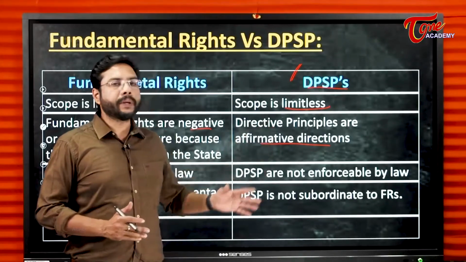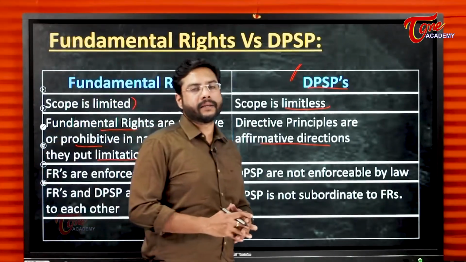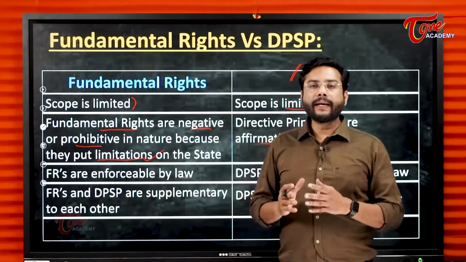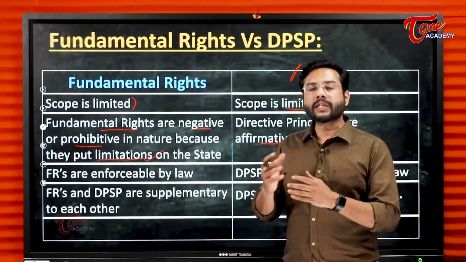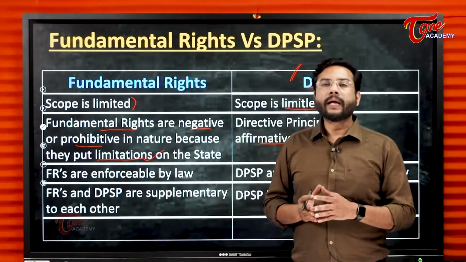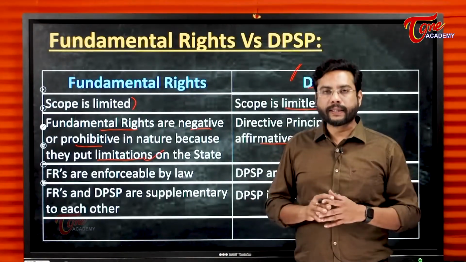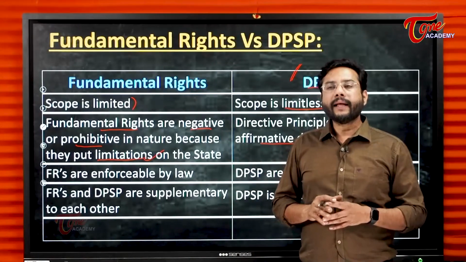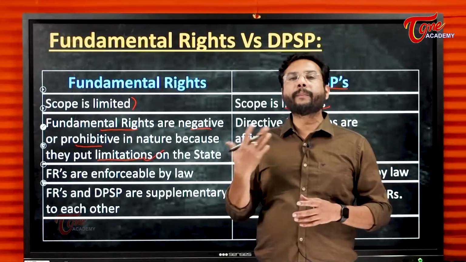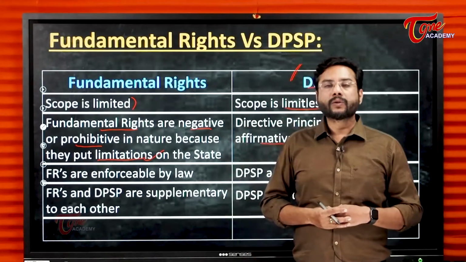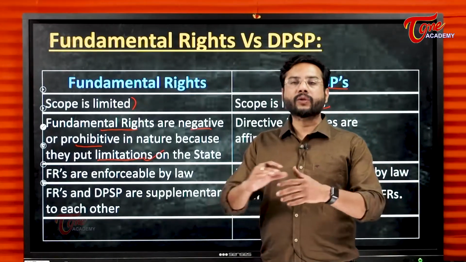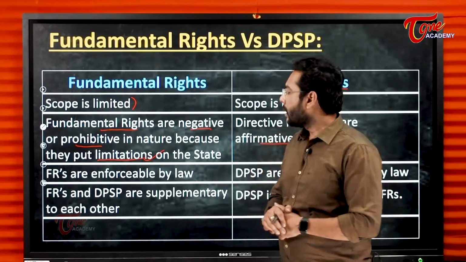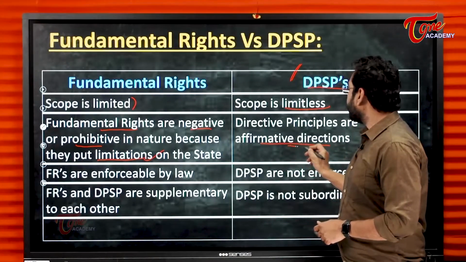Here DPSP will guide the state. They will help the state bring such policies so that every section of the society is happy with them and there is an overall development in the society. So the concept of an egalitarian or welfaristic society is upheld. So those are affirmative directions.